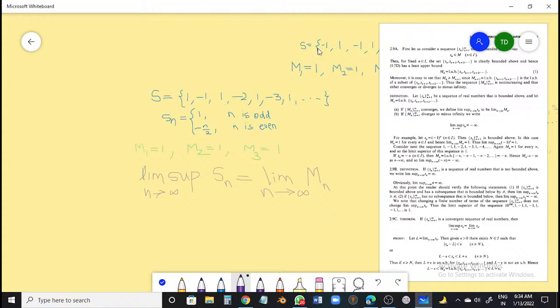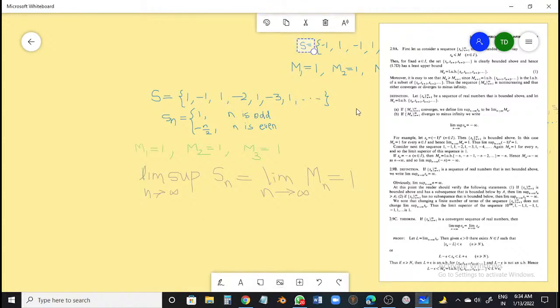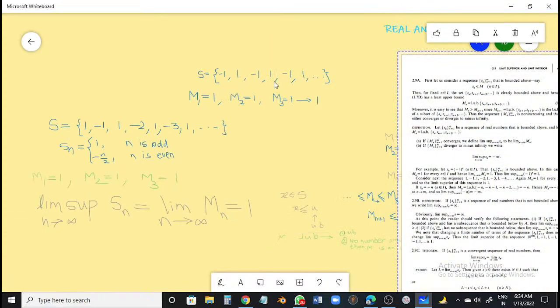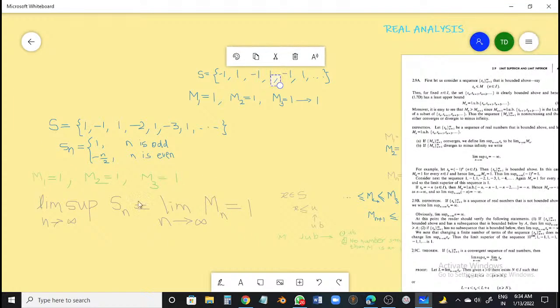In the upper case all the terms were oscillating between two values, but this you can see oscillates infinitely. So this value still is 1. So we dealt with two examples, the upper being the constant one, and the lower oscillating infinitely, and still both have lim sup as 1. The limit superiors are fixed values, ones.